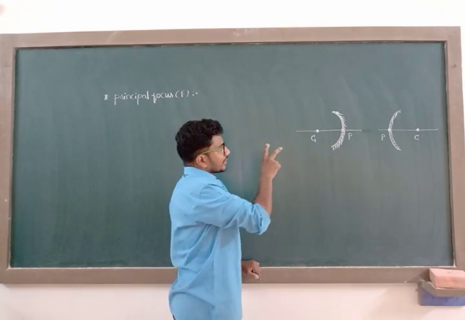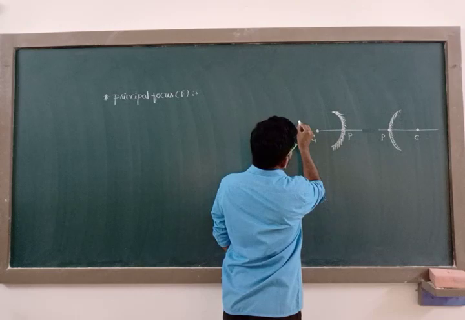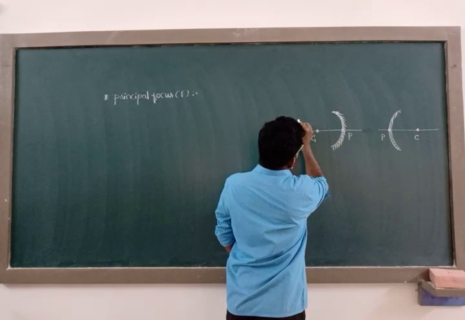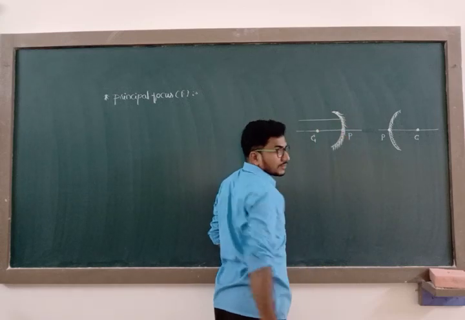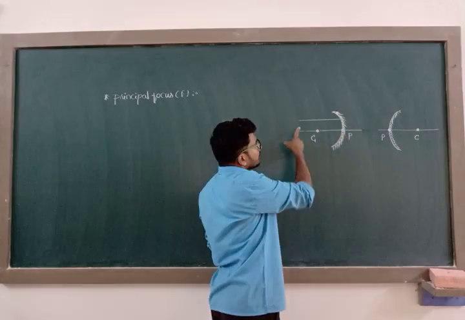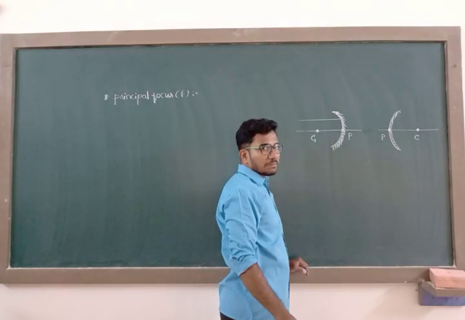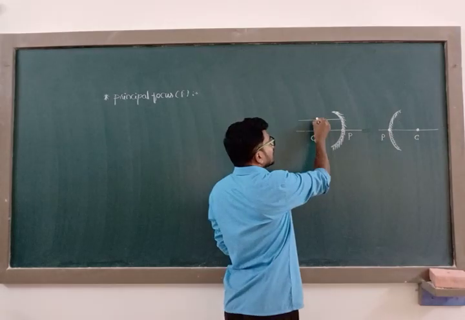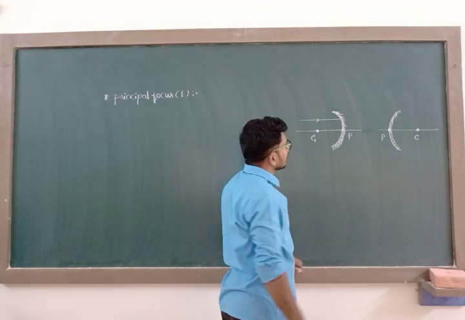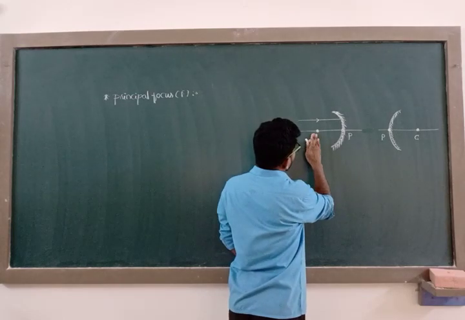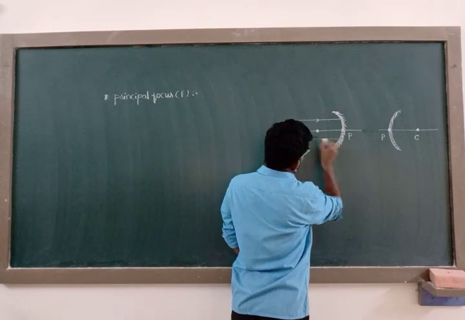So let us observe this ray diagram. Let us consider two incident light rays. This light ray parallel to the principal axis. I already told you people, in this ray optics, straight line represents path of light, arrow mark represents direction of light. Another incident light ray parallel to the principal axis.